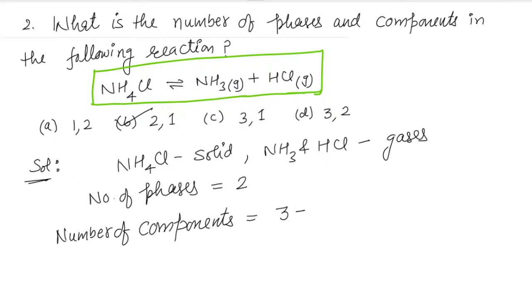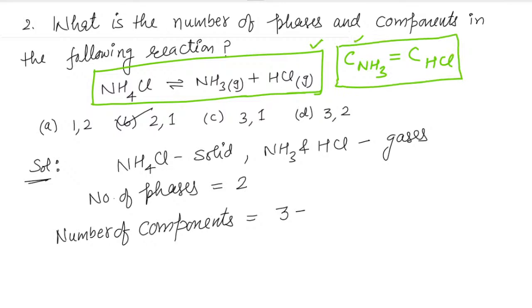So ammonia and HCl are obtained from ammonium chloride only, and one equation is this and the other equation is that the concentration of ammonia is equal to the concentration of HCl. So this is the second equation that can be generated, okay.